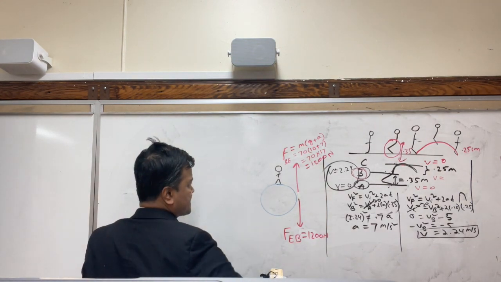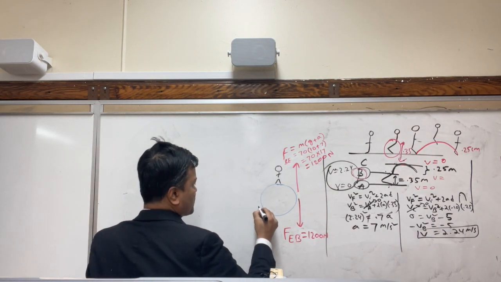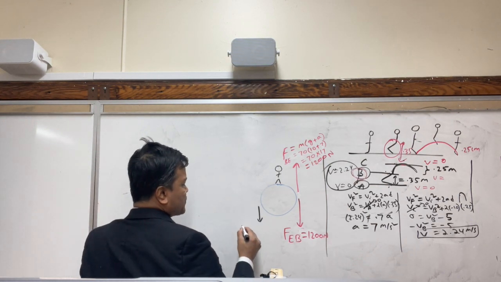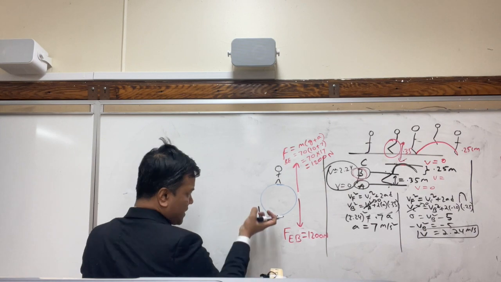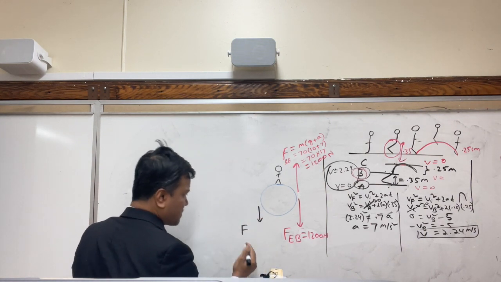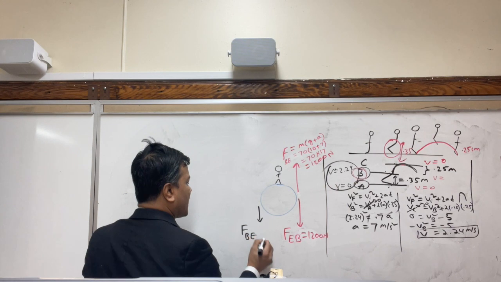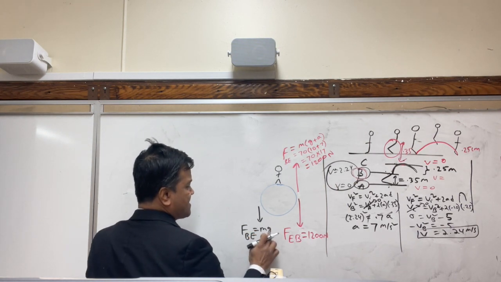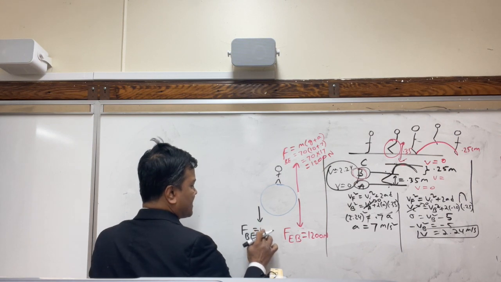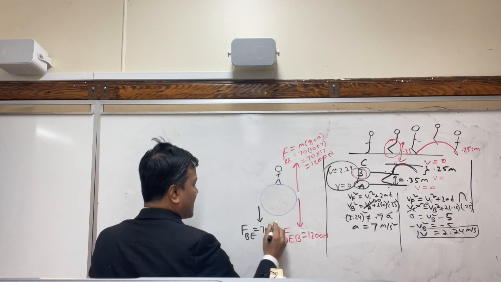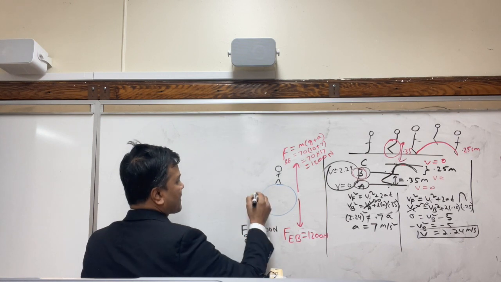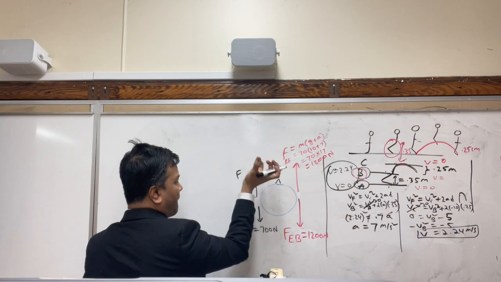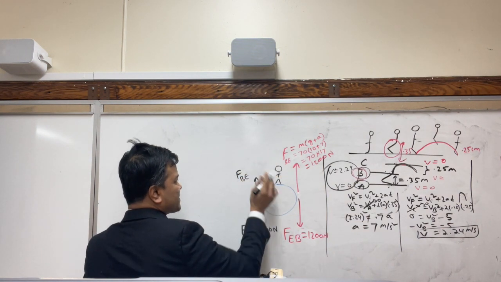Don't forget that there is another force acting on these bodies. The force of the earth pulling Mr. Barry to the center of the earth, which is mg, 70 times 10, which is 700. I want to call it Fg. Mr. Barry is also pulling the earth toward the center of himself.